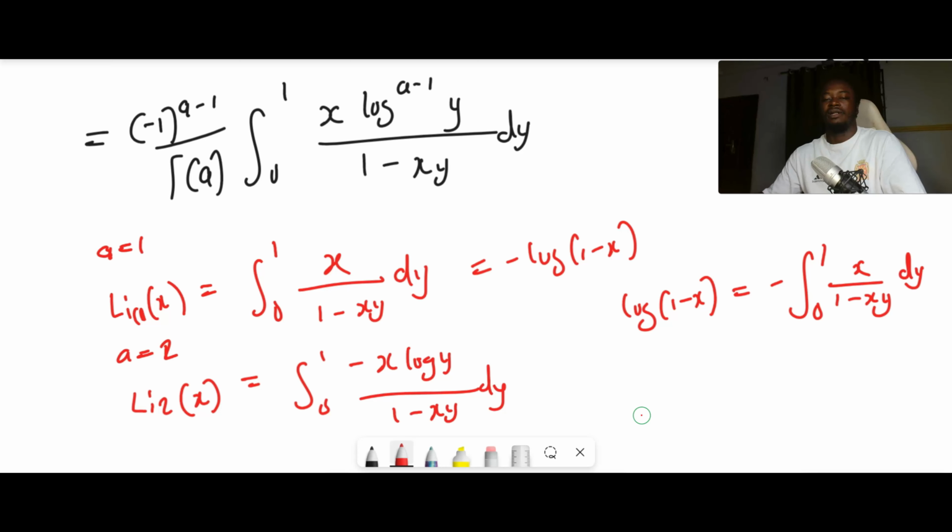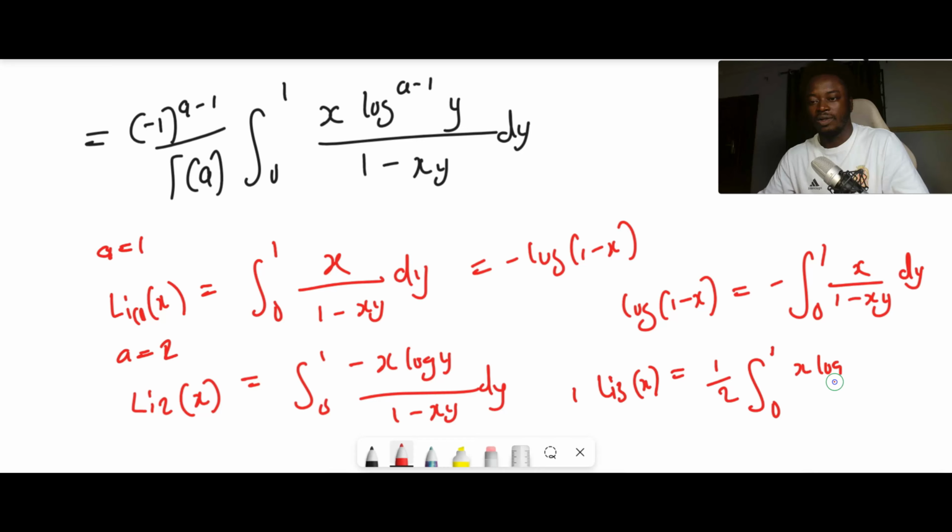And even for the trilogarithm case, when a is 3, the trilogarithm of x is going to be 1 over 2 times the integral from 0 to 1 of x log squared y all divided by 1 minus x y dy.